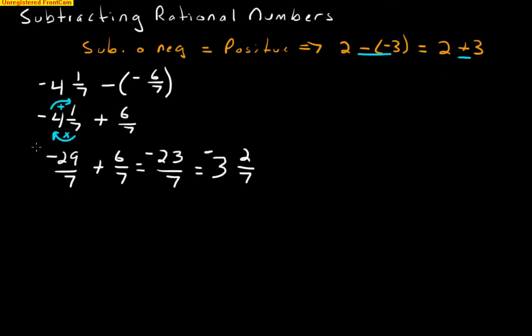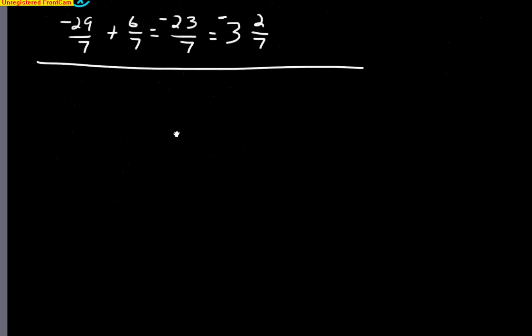Okay, let's go to another example. Let's draw a line here, and we'll move that up for you. Okay, on the homework today, you are going to see some that are just regular, simple subtraction problems. And so don't get confused. I had a couple people trying to change those into fractions, which you can do. But if you've already got a decimal as a number, you can go ahead and leave it that way.